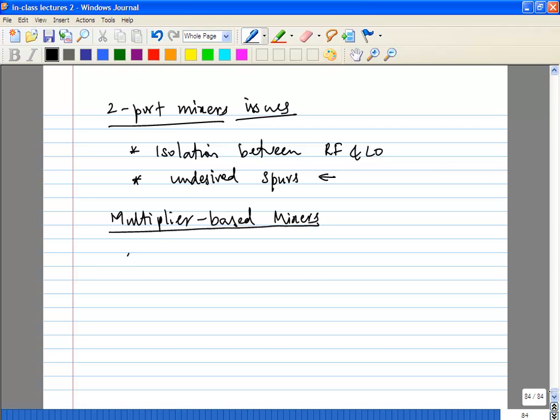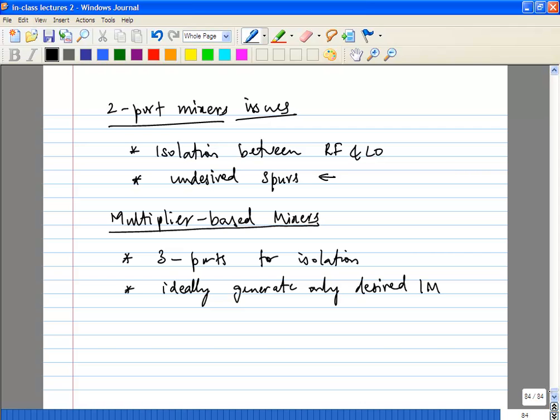The idea is that you have 3 ports for good isolation. And the other thing is, you ideally want to generate only the desired intermod product.